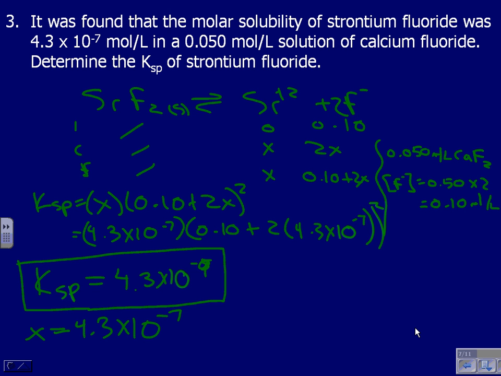Many people will take this and, in the pure water, say, oh, that's strontium fluoride plus water, and then somehow get who knows what. And that's because they haven't prepared. Not at any point in time during our solubility discussion have we ever actually put water in the equation. It's just doing the dissolving. So if it says it's in water, don't react it with water. Just have it dissolve, please.